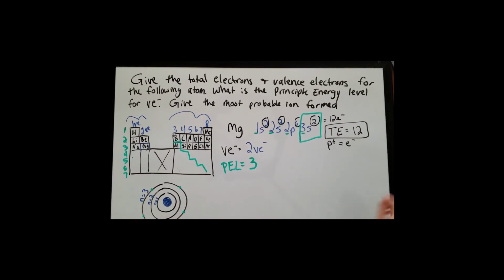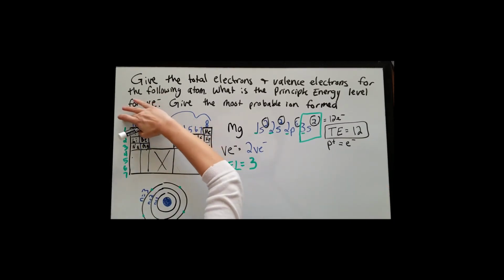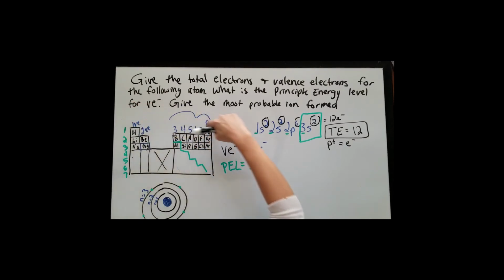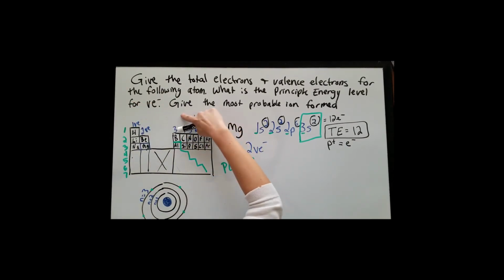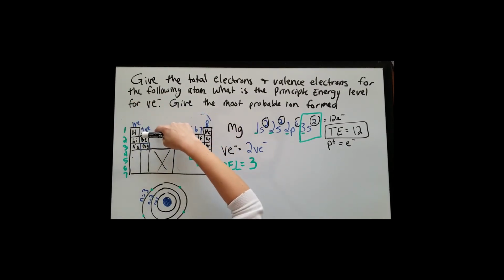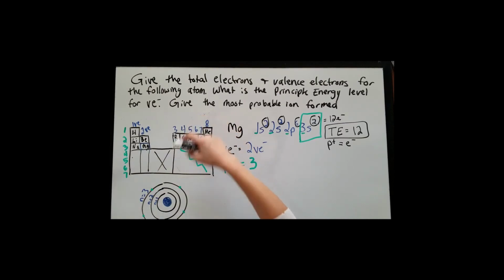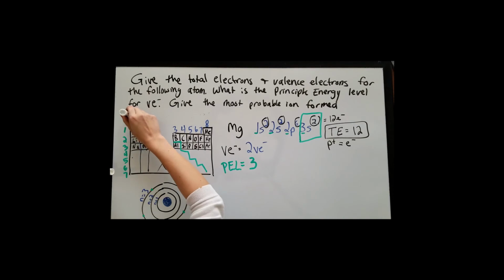So how do we know how many the metals lose and how many the nonmetals will gain? Well, let's add another column here. So in blue above for each of the groups, we have the valence electrons, 1 through 8 for the main group metals. We can also do this for the charges. So group 1 likes to always form a +1. Why? Because they have 1 valence electron and they like to lose that 1 valence electron. When they lose 1 valence electron, they become positive.